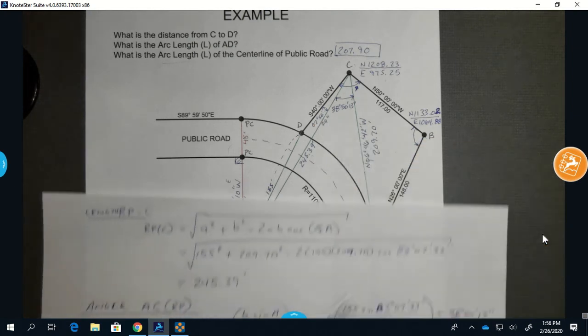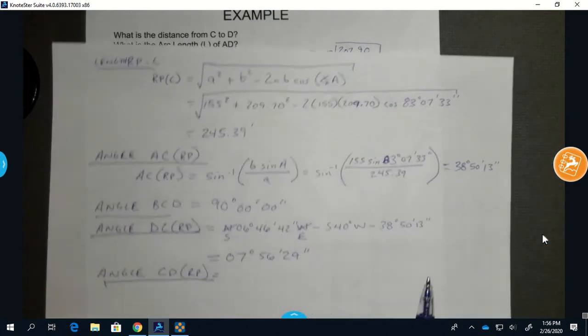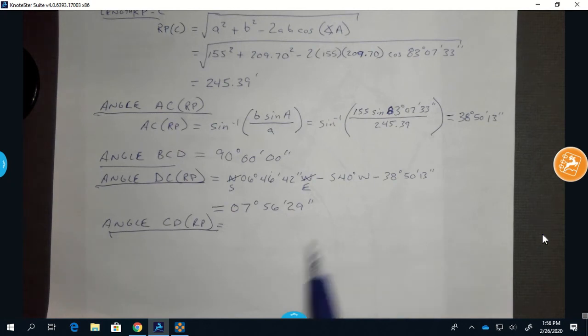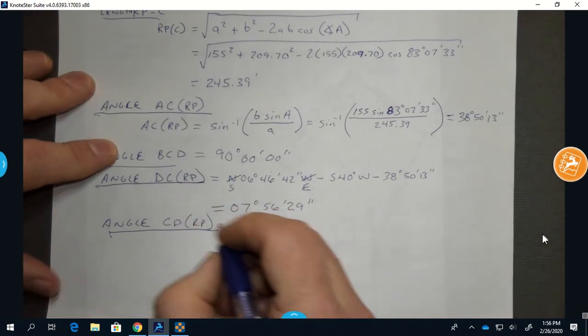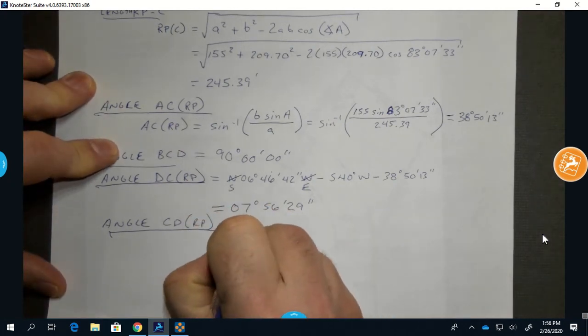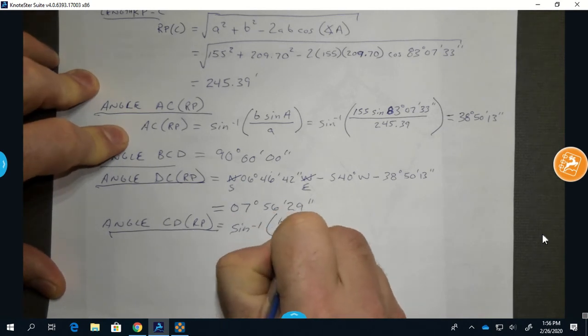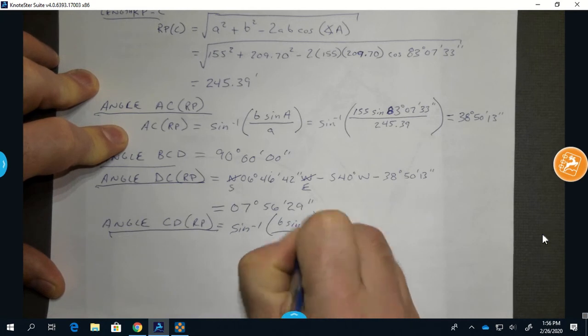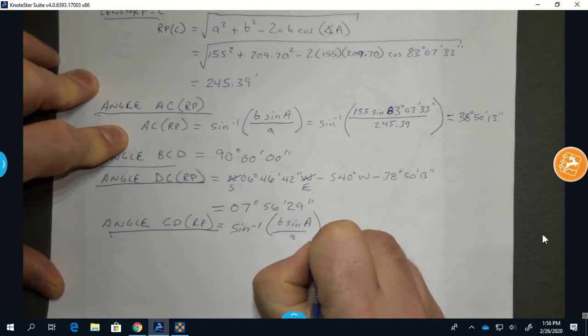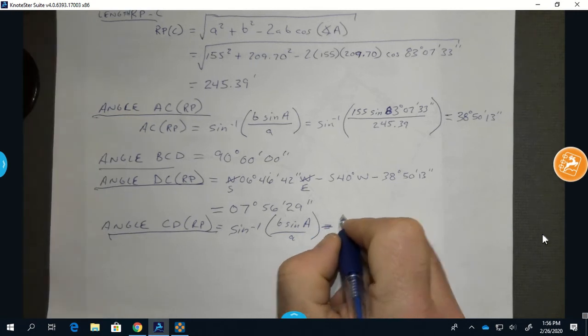So we should be able to solve that using law of sines again. Okay, so I'm going to go with the sine inverse of B sine A over A. We're going to talk about this here in a second, what angle it is.